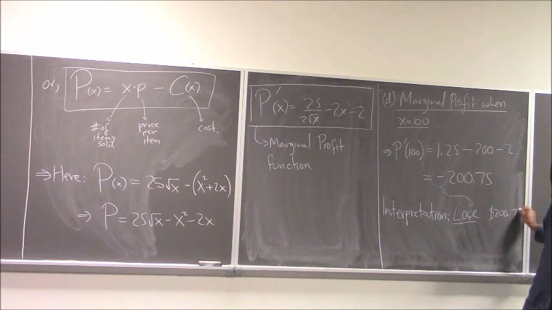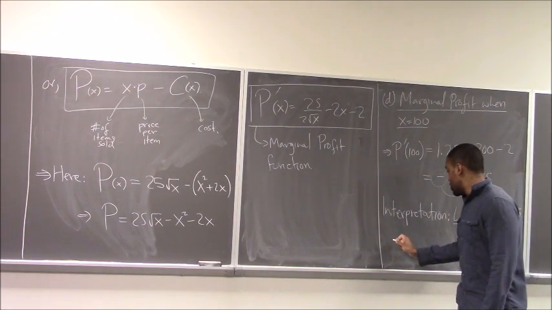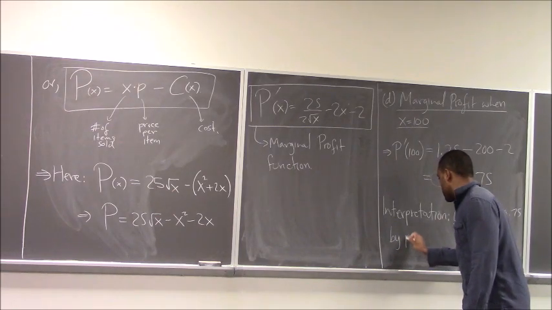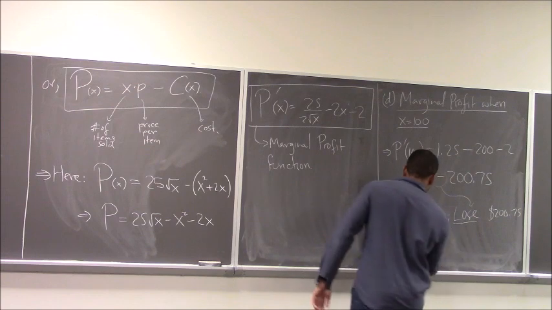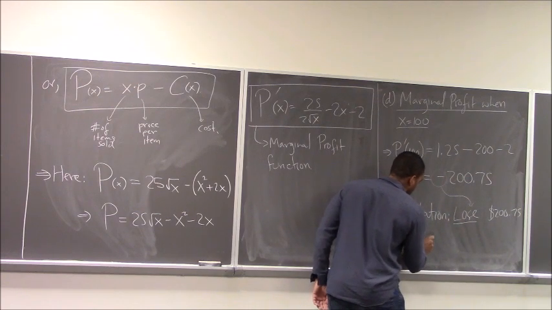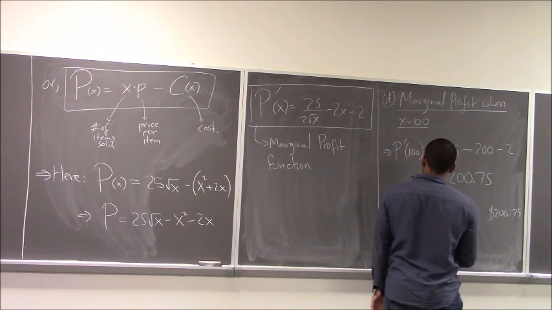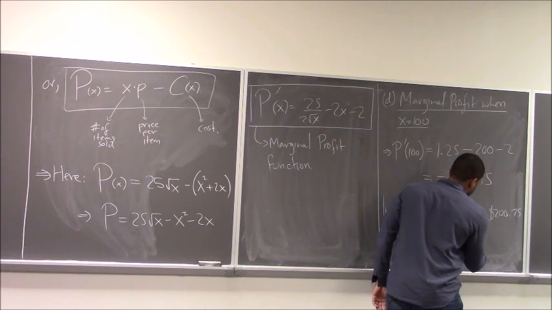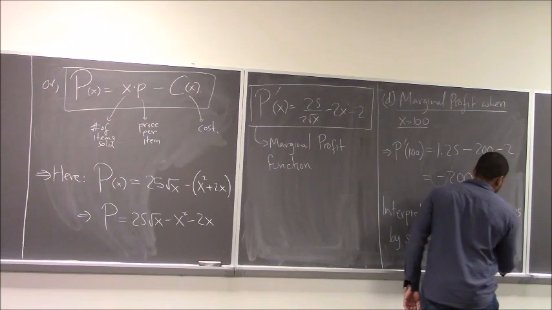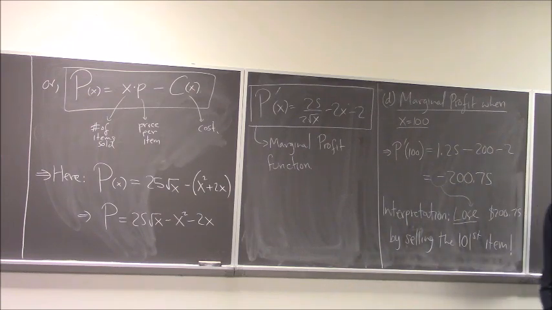I didn't really mention what units we're using, but let's say we're using dollars. You would lose $200 by producing, or more specifically by selling. Once you produce it and sell it, you will get a loss by selling the 101st item. So you go one more, you're losing $200.